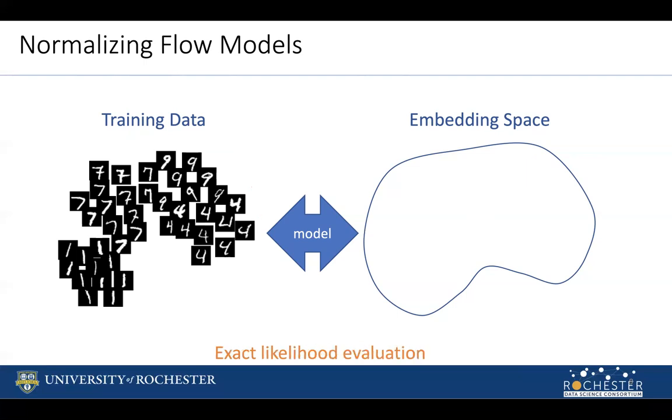Log likelihood evaluation refers to being able to compute the log likelihood of a given sample once a model has been exposed to a training set. Intuitively, the log likelihood of a sample indicates how likely it is for that sample to occur given the learned population statistics of the training set.